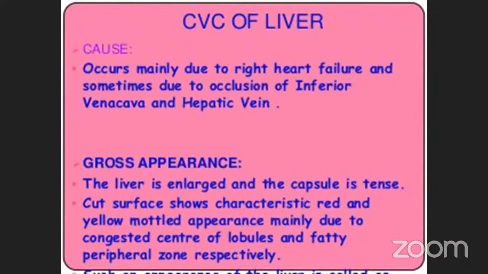So usually chronic venous congestion is due to venous blockage, where the organs drained by the veins which are blocked, below the blockage, the blood from those organs does not go into the right side of the heart, and it gets stagnated in the organ.